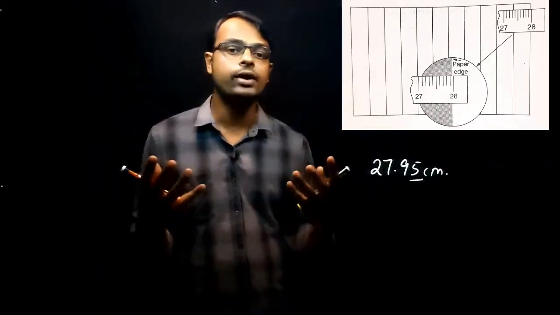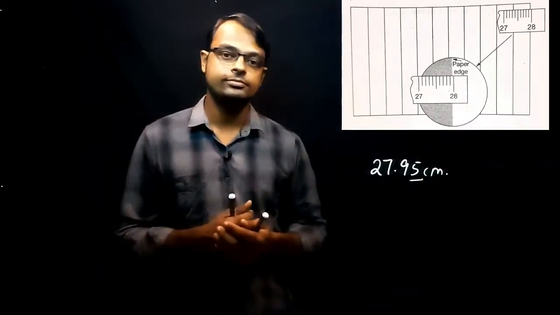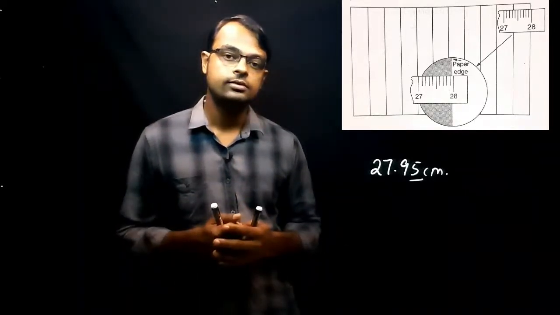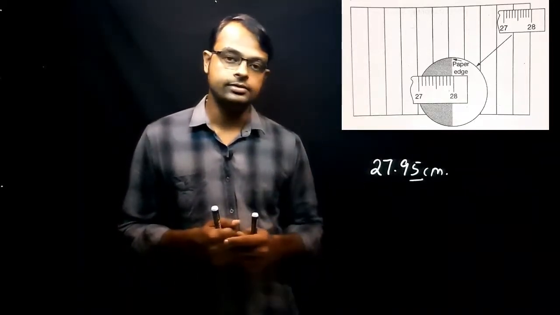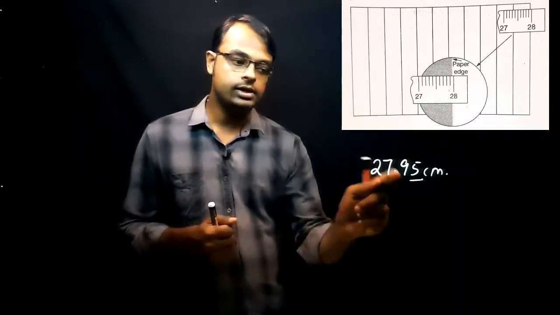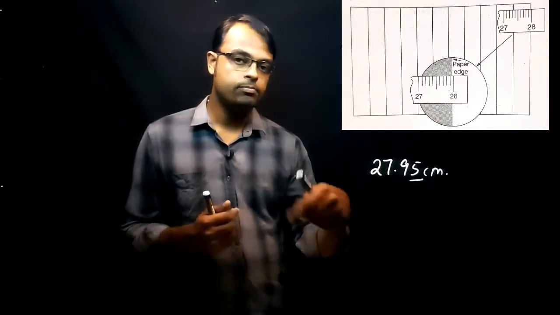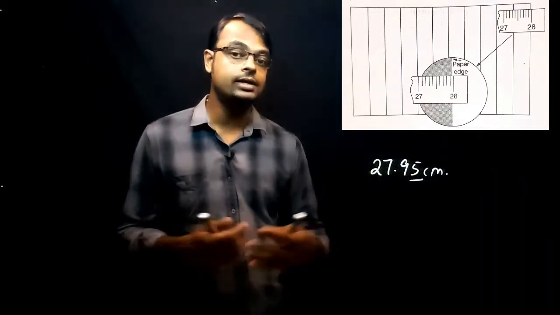So how can we define the significant figure? Can we define it from this example? Let's try. We can define it as reliable digits plus one uncertain digit.